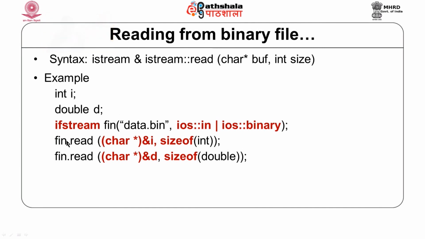So, this is a simple example of reading integer and double data which we have written in the file data.bin. So, first of all we need to open the file. ifstream is the class, fin is the object of class ifstream, data.bin is the name of the file, and the mode is in as well as binary, and the method we are using is fin.read.